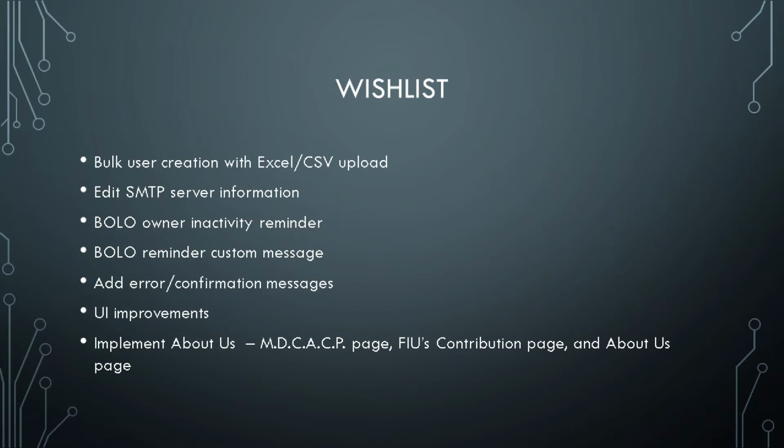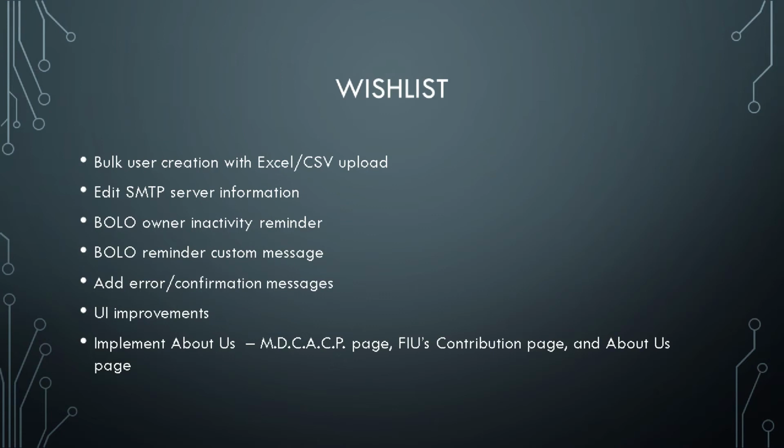And then the next one is adding error confirmation messages. It kind of blends into the UI improvements functionality, which is basically making the whole flow of the application smoother.